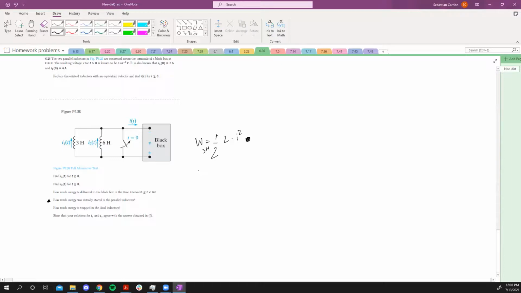So it's going to be 1/2 times 3 times the current I1 at 0, which is 2 amps squared, and 1/2 times 6 times 4 amps squared.